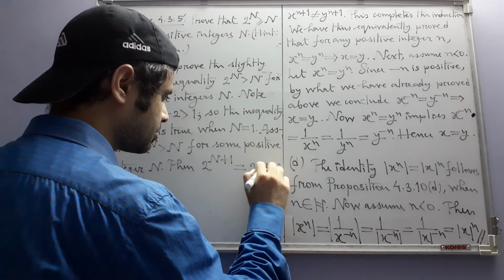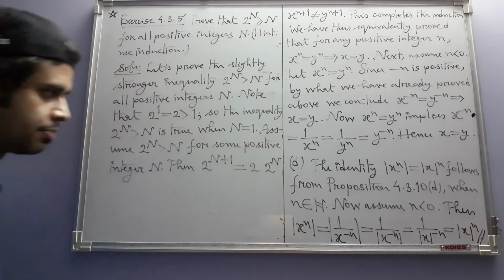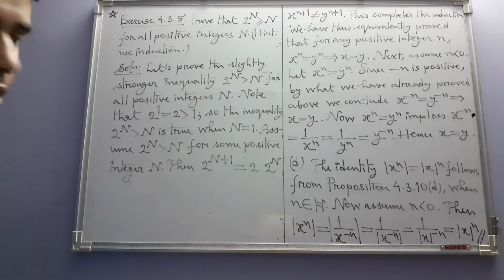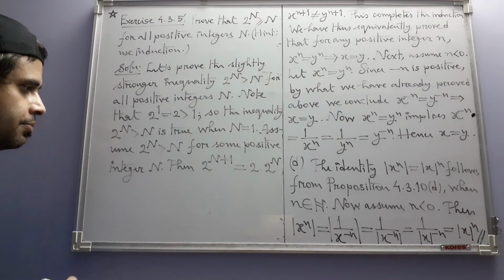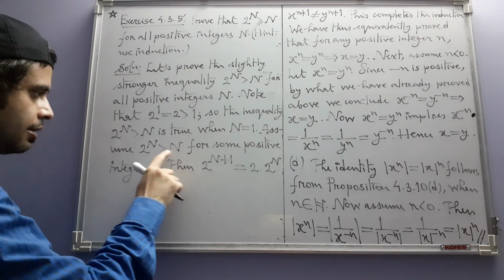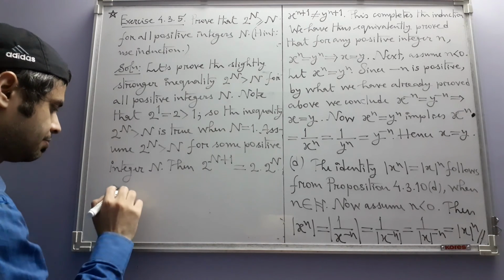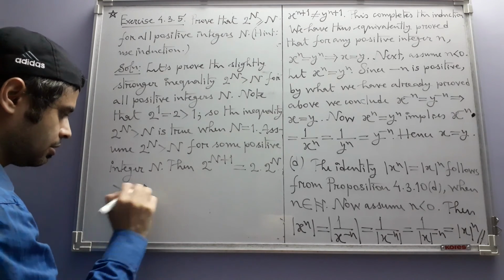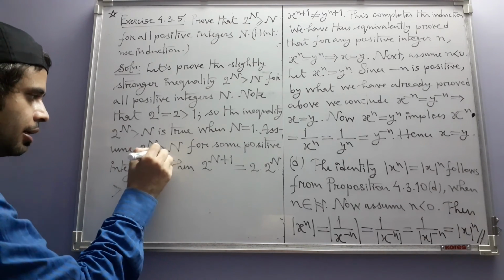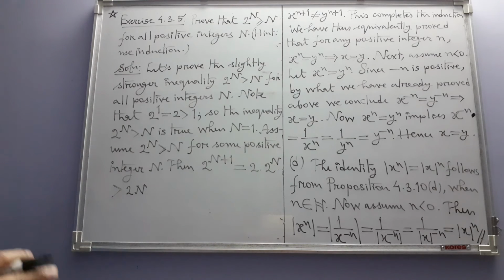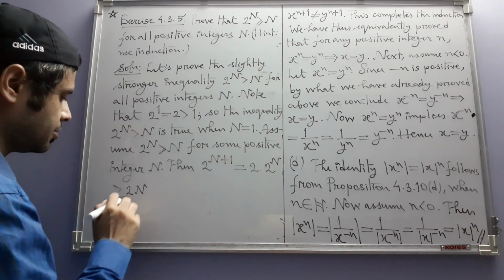By the rules of exponent, this is 2 times 2 to the power n, because this is 2 to the power 1 times 2 to the power n. And we can use the induction hypothesis, so this will be greater than 2 times n. In other words, you can multiply on both sides of this inequality by 2. 2 is a positive rational number, so it won't change the sense of the inequality.